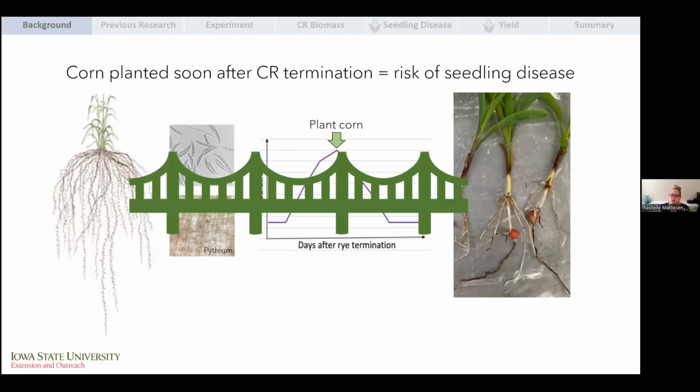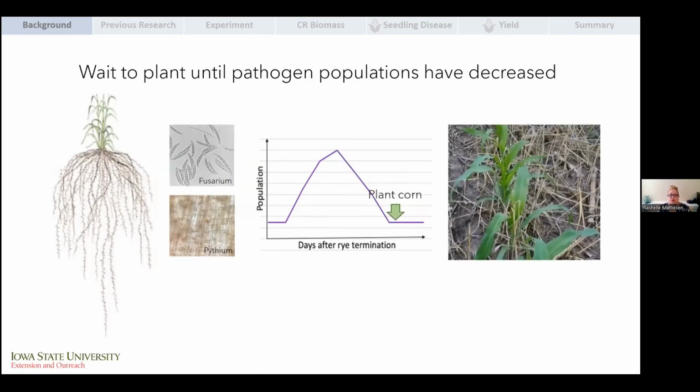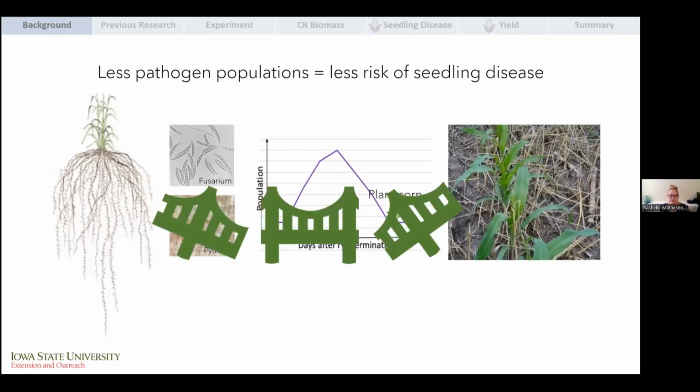So you're creating a bridge between the roots of the rye and the roots of the corn, and you can have or increase your risk of seedling disease. So what happens then if you plant corn later and you wait for the populations of the pathogens to go back to low levels? Then you have less of a risk of seedling disease because that green bridge is broken. It's not formed.